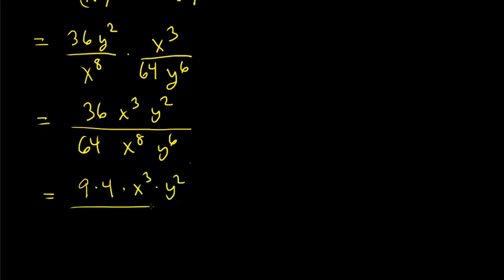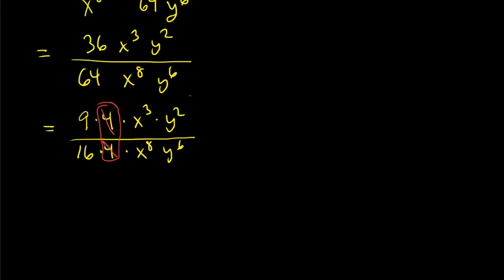Right? And 64 is, well, 16 times 4. Right? So we can see we can cancel the factors of 4. Right? 4 divided by 4 is 1.